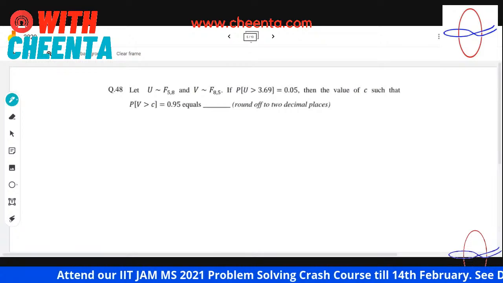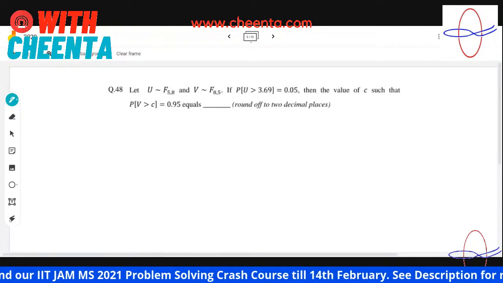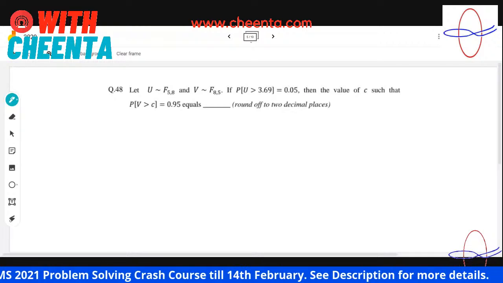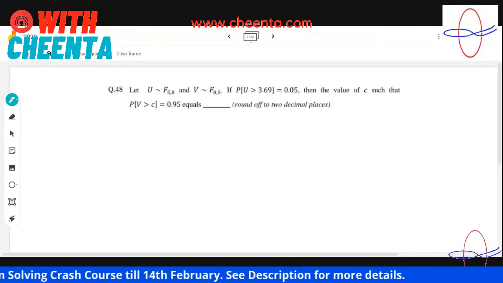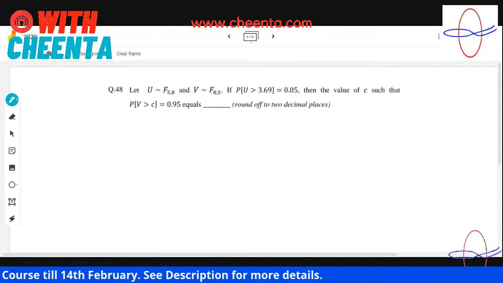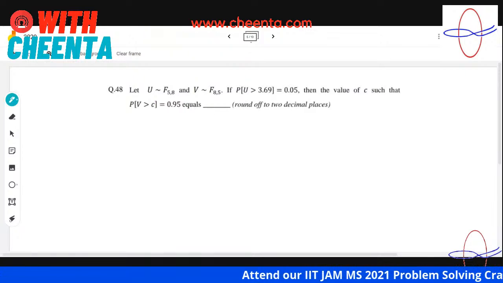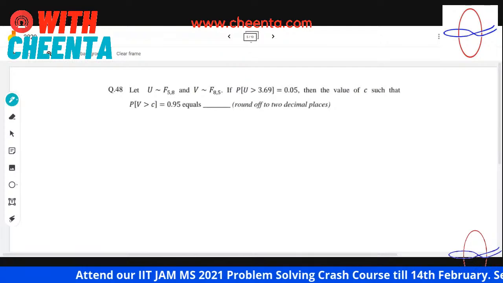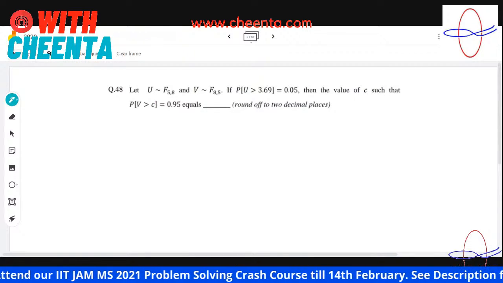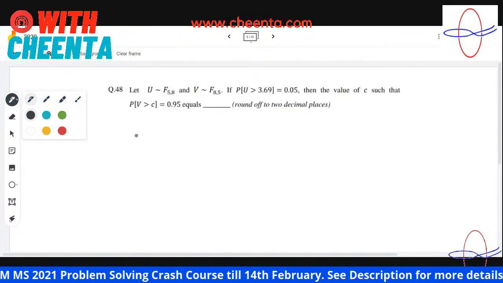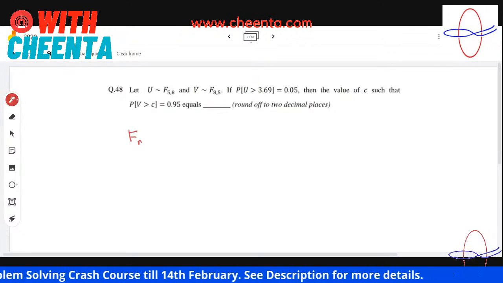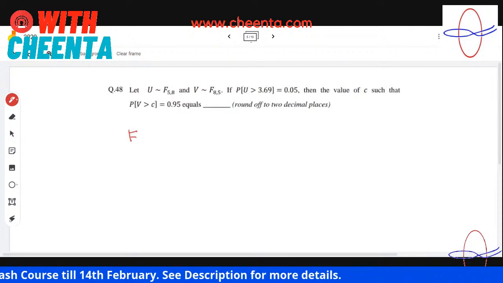Right. Perfect. So therefore, how do you find the F statistic now? What is the relationship between these now? Tell me. Exactly. So therefore, if F(m, n) follows, so therefore 1 by F(n), perfect.